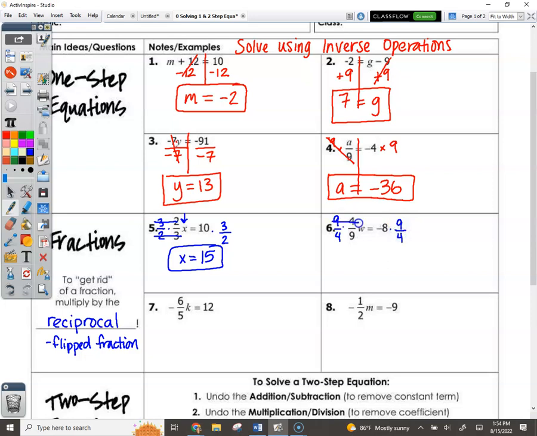Because that's going to create 36 over 36, which becomes 1. So it's gone. Now go to your calculator. Negative 8 times 9 divided by 4. Negative 18. Yep.